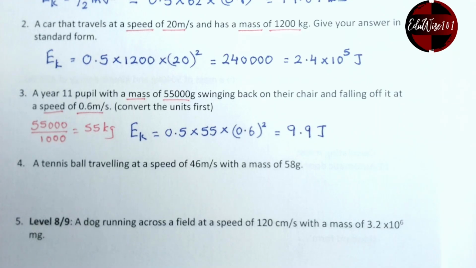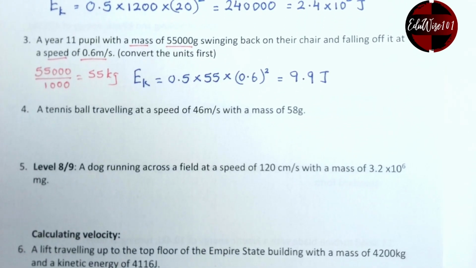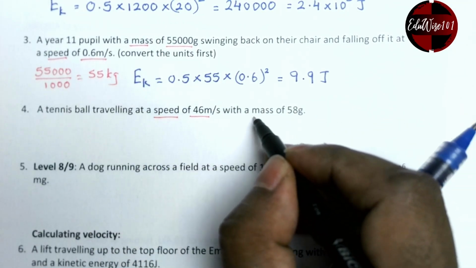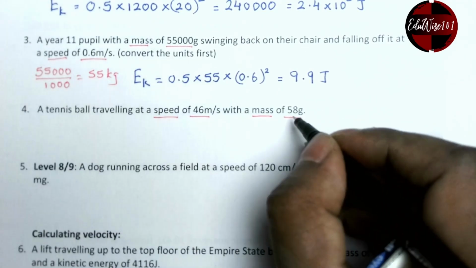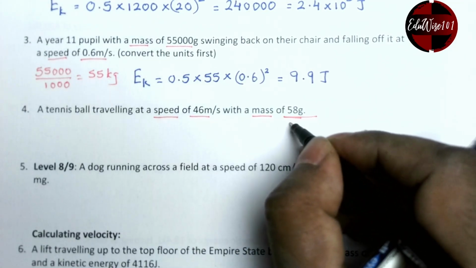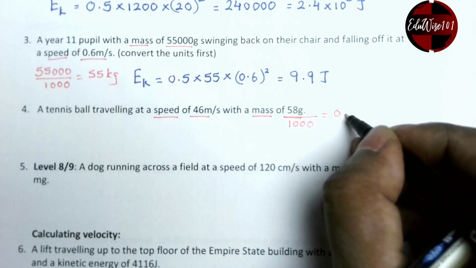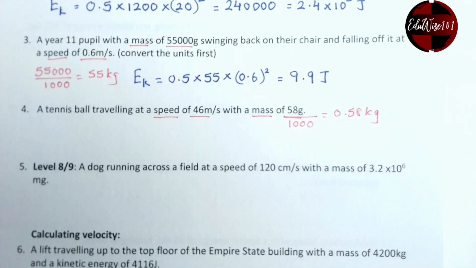Question number 4. A tennis ball traveling at a speed of 46 meters per second with a mass of 58 grams. So I need to convert that to kilograms. Divided by 1000, it will give me, oh, I made a mistake here, it should be 0.058 kilogram.